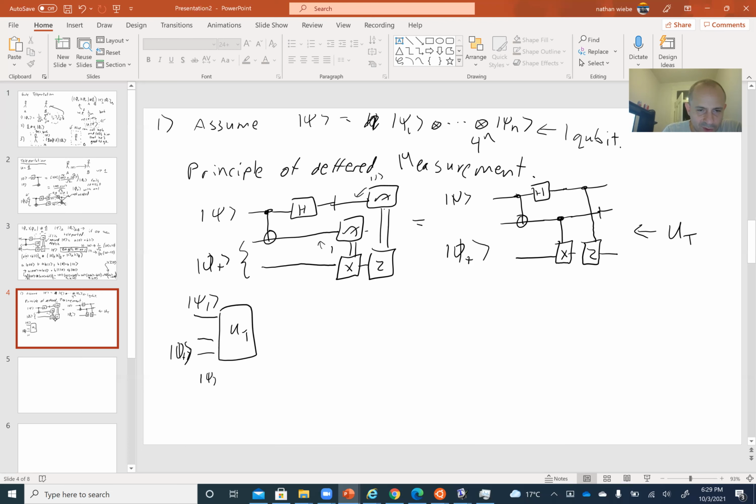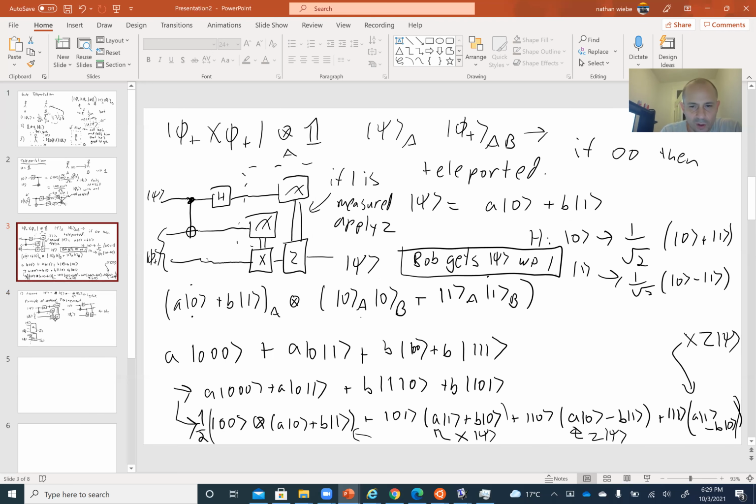Then we'll get psi2 with another copy of phi plus down here, feed that into UT, going all the way down. And then UT will always output psi1 over here and psi1 over there. Now to see it, we can actually just go through our original circuit. We notice that before measurement, our quantum state was this guy over here.